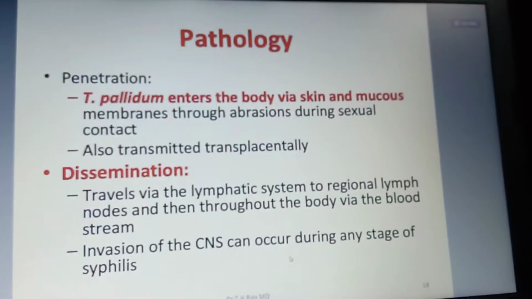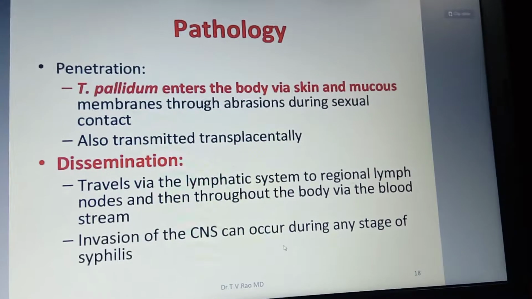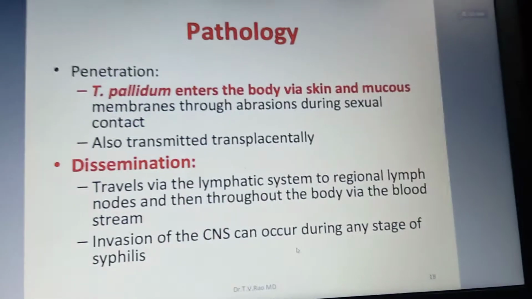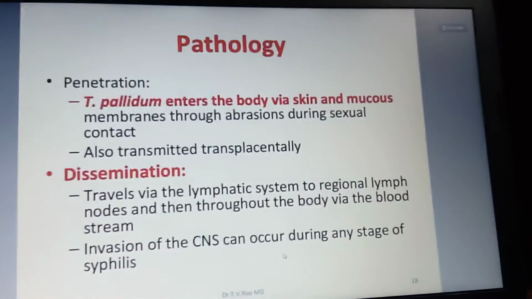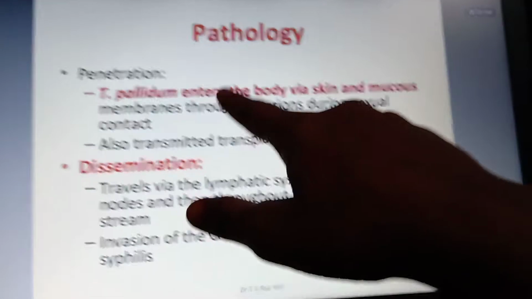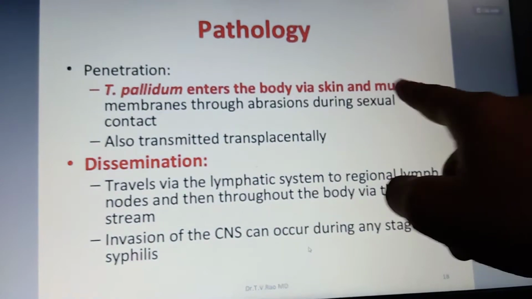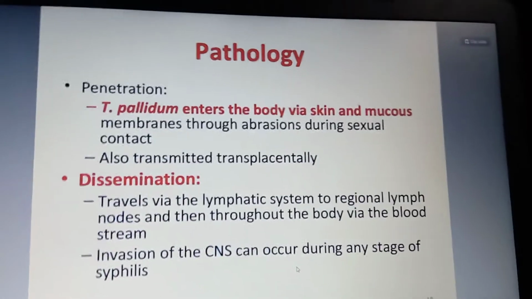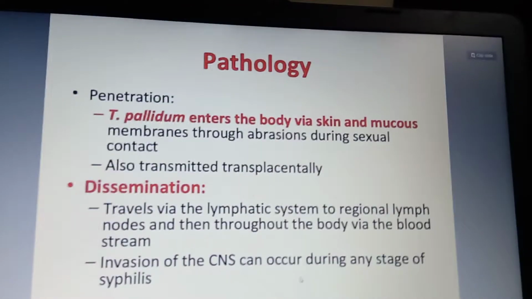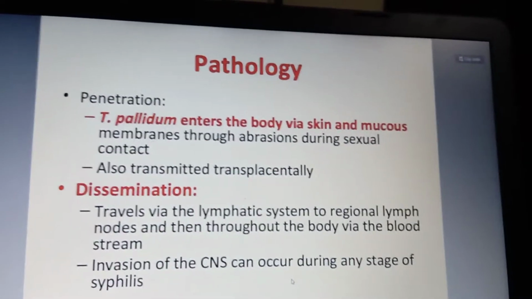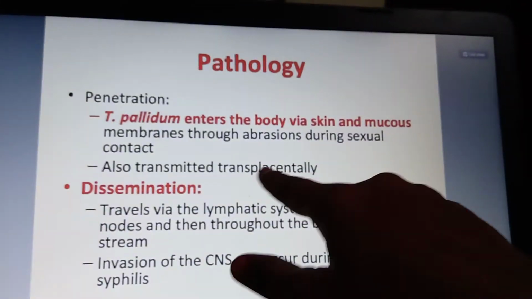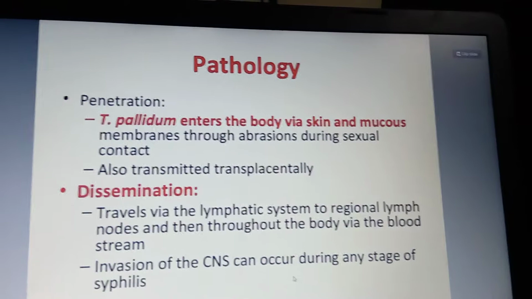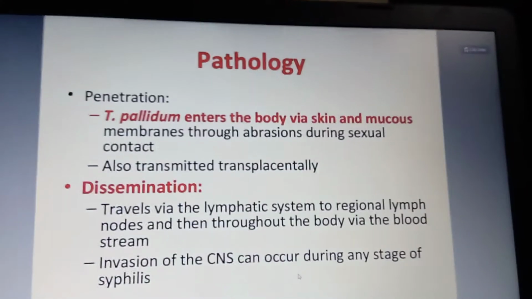Pathology means in which places this Treponema pallidum is present. Already seen that, Treponema pallidum enters the body via skin and mucous membrane, where there is any cut or abrasion or through sexual contact, and it is transmitted. Also from the mother transplacentally, through the placenta to the baby, it is transmitted.